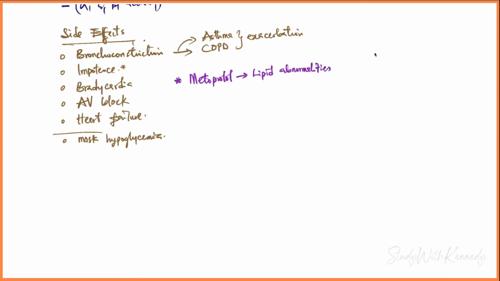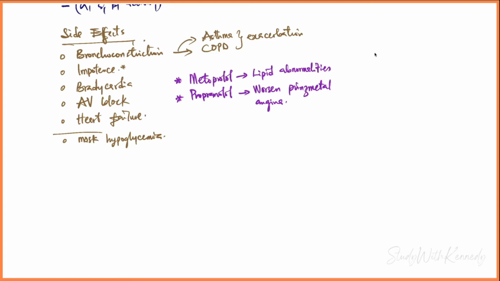You may want to know that propranolol can worsen Prinzmetal angina. Metoprolol can cause lipid abnormalities, and propranolol can worsen Prinzmetal angina. You want to bear all of those things in mind.